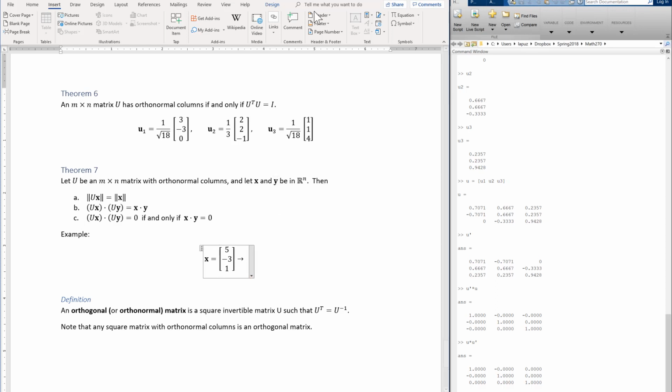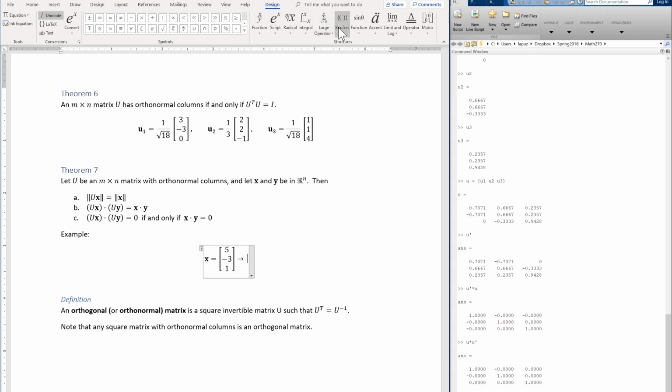So the length of this vector, let's use the notation here, the length of x is going to equal the square root of, let's see, this is 25, 25 plus 9 is 34, 34 plus 1 is 35, so this is the square root of 35.